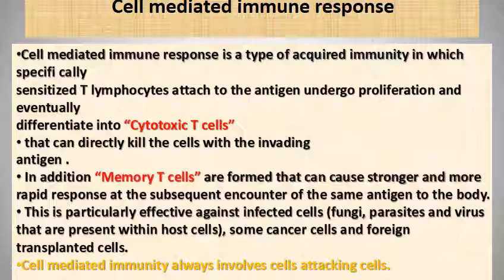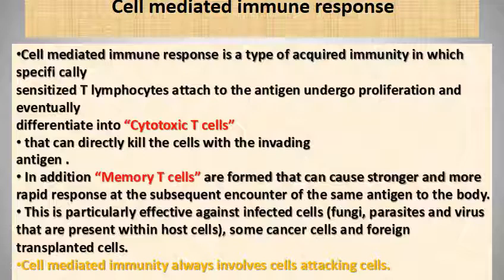So this is effective against cells infected by fungi, parasites, virus, all these present within the host cells, some cancer cells, and foreign transplanted cells. Now, the main thing here is that cell-mediated immunity involves cells attacking cells.